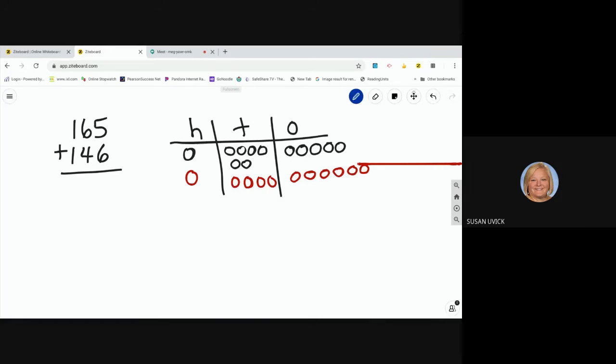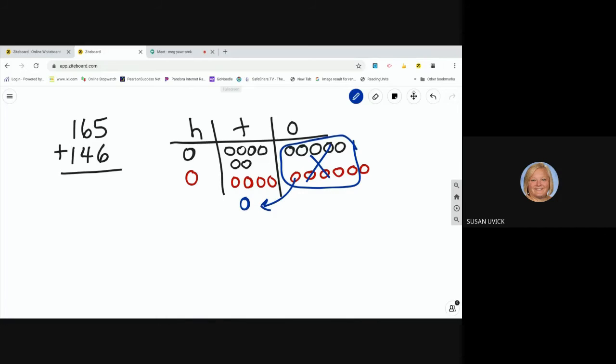All right, let's look here. What do we have here? We have 5, 6, 7, 8, 9, 10. I have 10 ones. Oh, goodness. I have 10 ones right here. 10 ones don't belong there. They belong over here, don't they? They do. So now let's take a look at this.